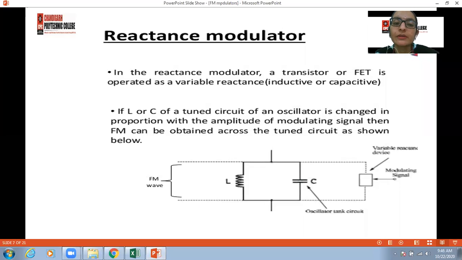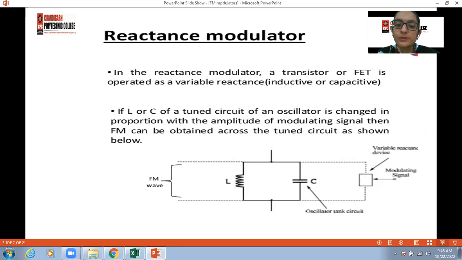So let us start with the reactance modulator method. In this method, the reactance modulator, a transistor or FET, is operated as a variable reactance, that is, inductive or capacitive. If the inductance or capacitance of the tuned circuit of an oscillator is changed in proportion with the amplitude of the modulating signal, then FM can be obtained across the tuned circuit, as shown below.